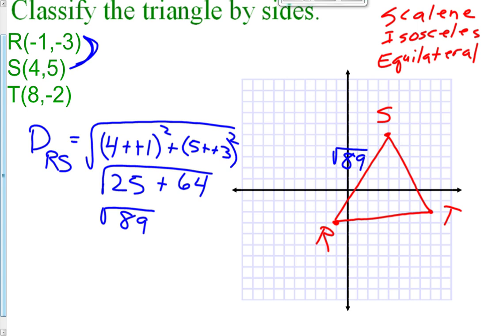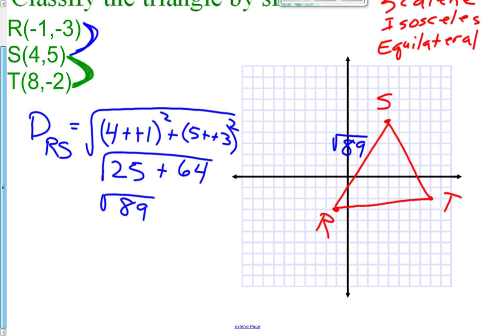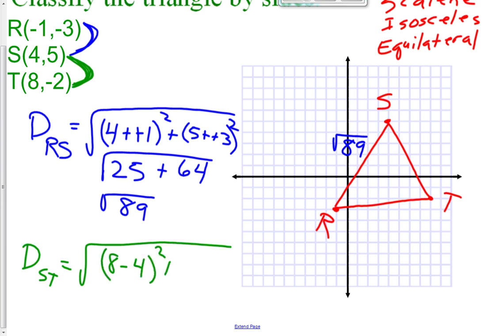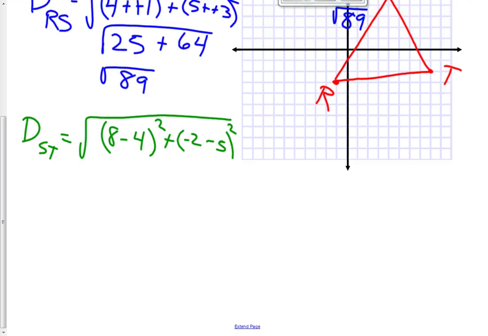Alright, let's find the distance from S to T. So the distance from S to T is between those 2 points. So here we go. The distance from S to T equals the square root of x2 minus x1 squared plus y2 minus y1 squared. 8 minus 4 is 4, and 4 squared is 16.